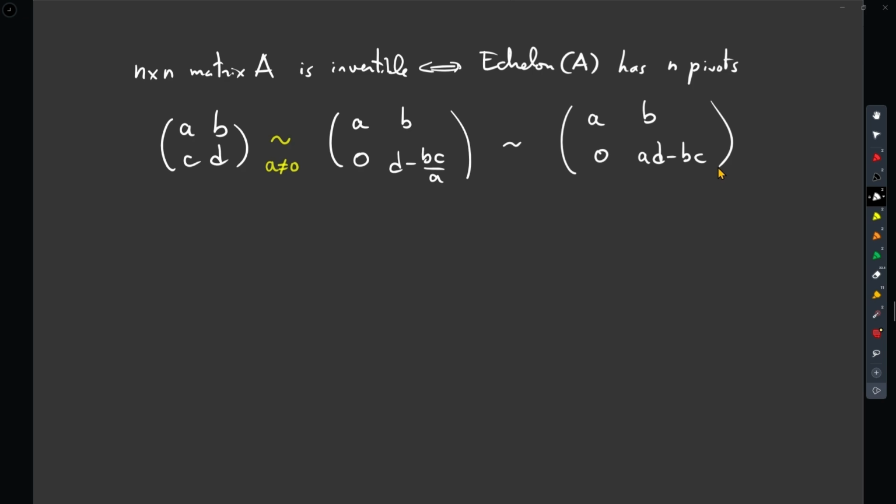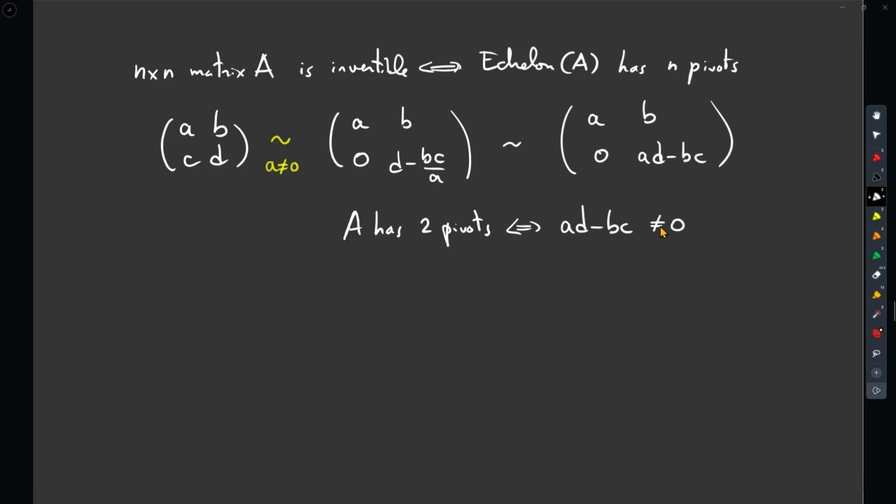I had assumed already that A is non-zero, so I'm going to have 2 pivots if and only if AD minus BC, this quantity right here, is non-zero. So that is one way to come up with that condition.